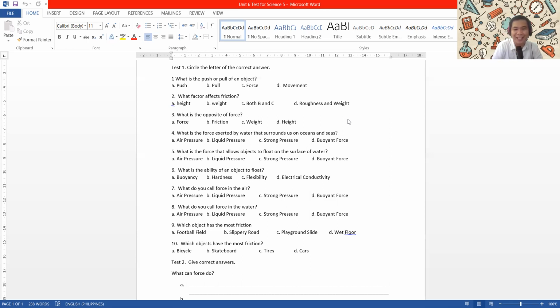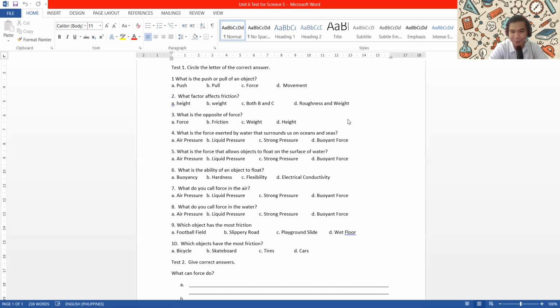What is the ability of an object to float? Oh no, I've already given you the answer to this based from the previous question. So what is the ability of an object to float? Is it A, buoyancy? Is it B, hardness? Is it C, flexibility? Or is it D, electrical conductivity?